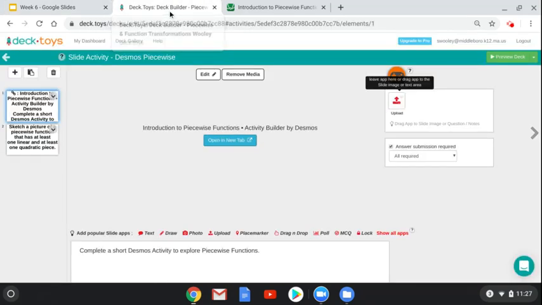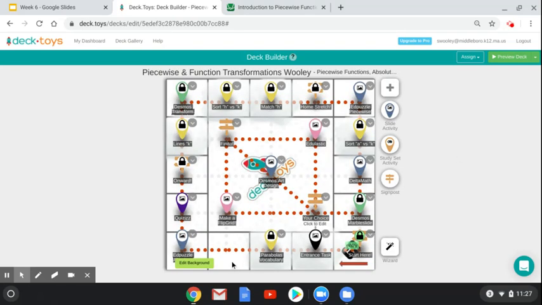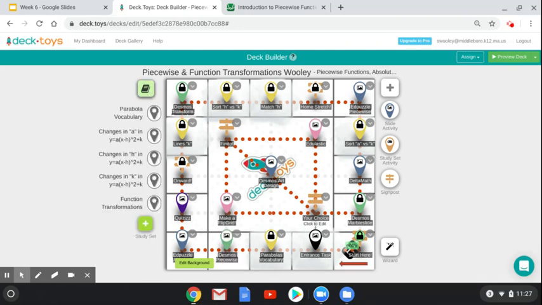When you look at the actual deck board, you're going to start in the bottom of the board and enter right here. You'll have an enter task, parabola vocabulary, and then you're going to go right into a Desmos activity where you are going to explore piecewise functions.